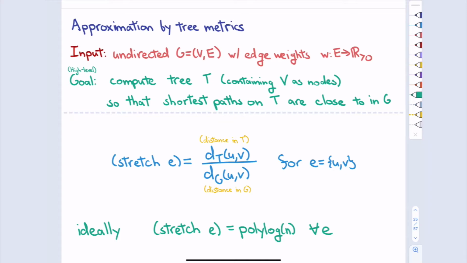So the stretch is the ratio of the distance in the tree, which is presumably larger, to the distance in the original graph. So this should be bigger than 1, but we want it to be as small as possible. If it was exactly 1, then you have a tree that exactly preserves all the edge lengths. That would be great, but that's probably not something we can ask for. And ideally, we would get stretch to be small, something like polylogarithmic in n. Hopefully that would translate to a polylogarithmic approximation bound for whatever one of those crazy problems you might have been interested in.